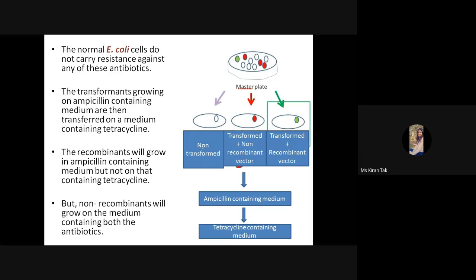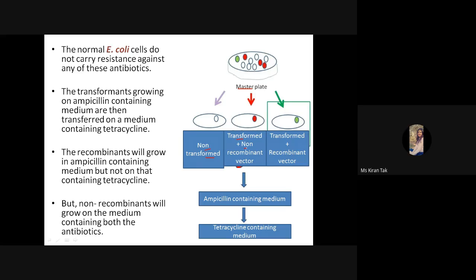The plasmid may not go inside the host organism, that means inside the E. coli, and then there are non-transformed cells. If the religated plasmid enters inside the E. coli, then the cells are transformed, but the plasmid that entered is not recombinant.